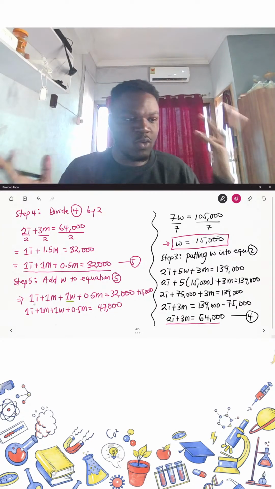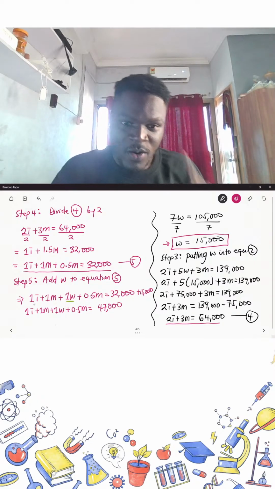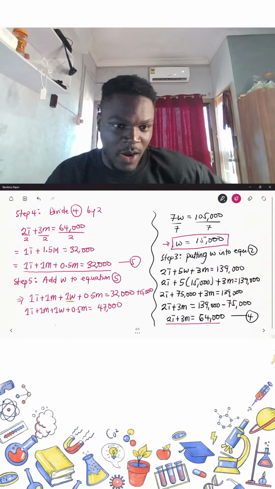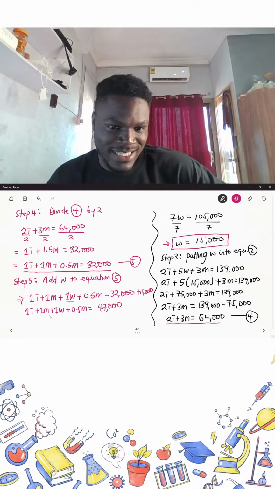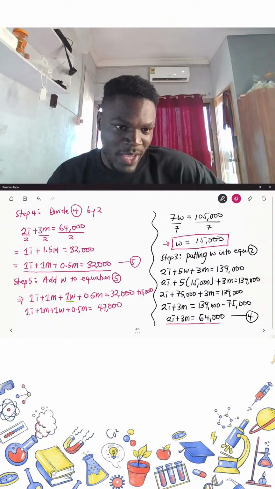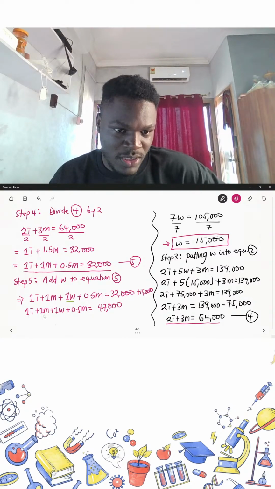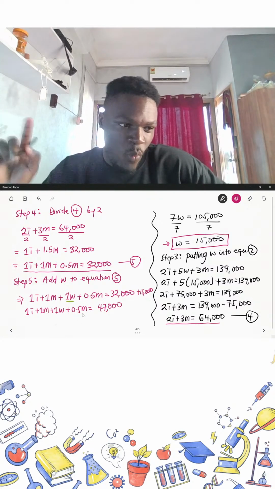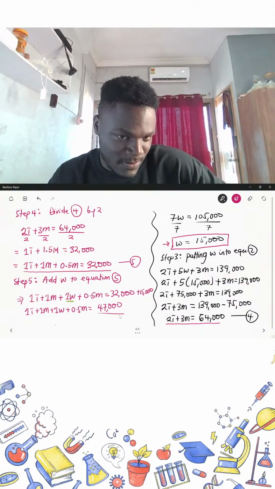So this is where we need to do some comparison. Remember, in the beginning, the question is asking, what is the price of one TV, one microwave, and one washing machine? Now, if we look at this expression, the price of one TV, one washing machine, and one microwave plus half a washing machine is 47,000.